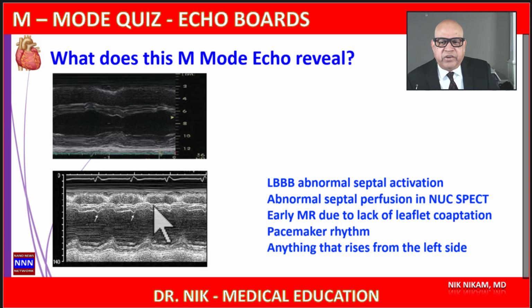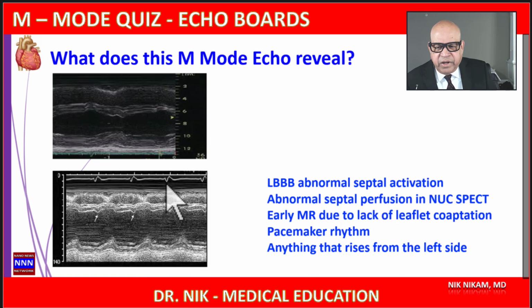For example, in patients with left bundle branch block, first we have the activation of the right bundle, then there is abnormal activation of the left side, followed by activation of the septum, which is going to show some movements. So the abnormal septal motion may also be recognized by an abnormal perfusion on a nuclear SPECT image.